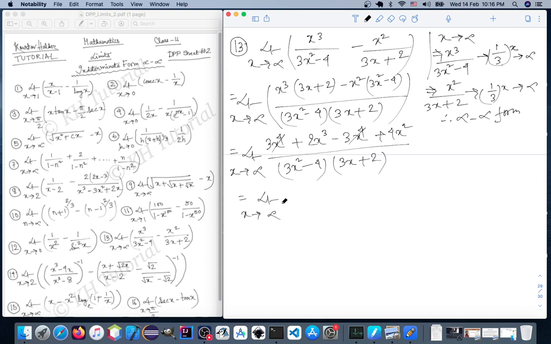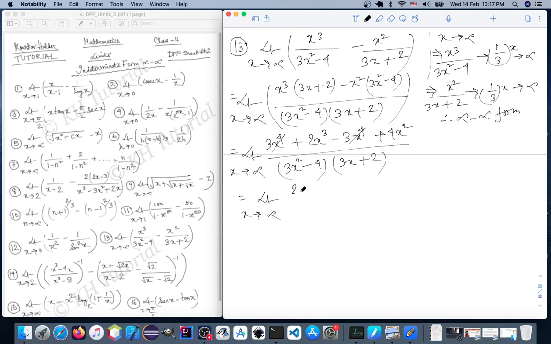In this kind of problem, the basic strategy is to divide all the terms by the highest power of x, since x is tending to infinity, in both the numerator and the denominator.